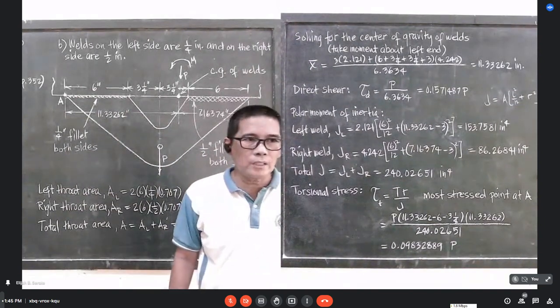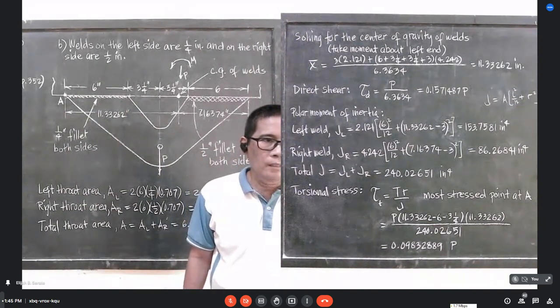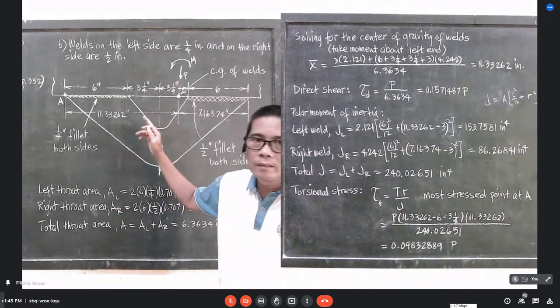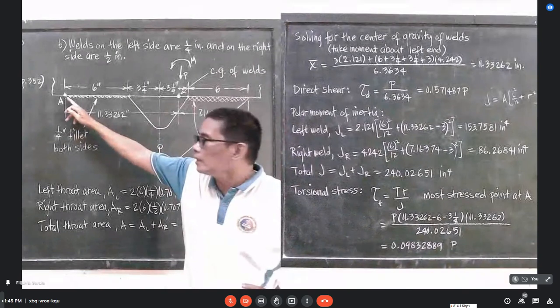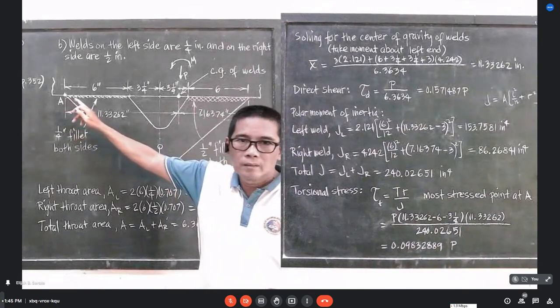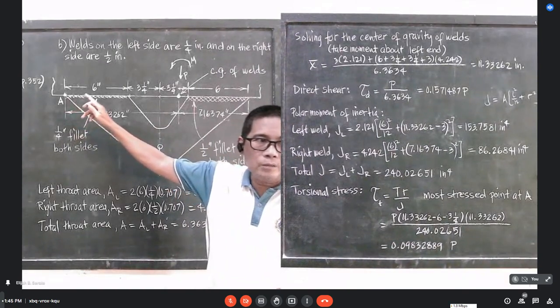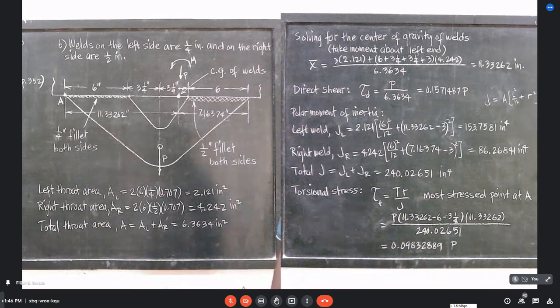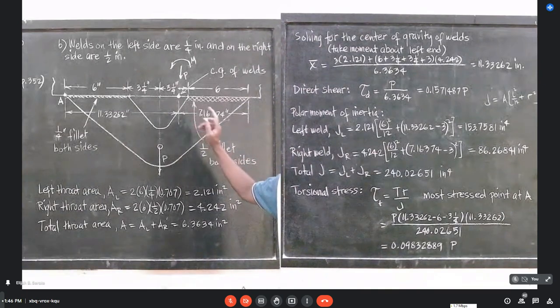How about the twisting shear? In what direction? It is perpendicular to the radius, which is what direction?